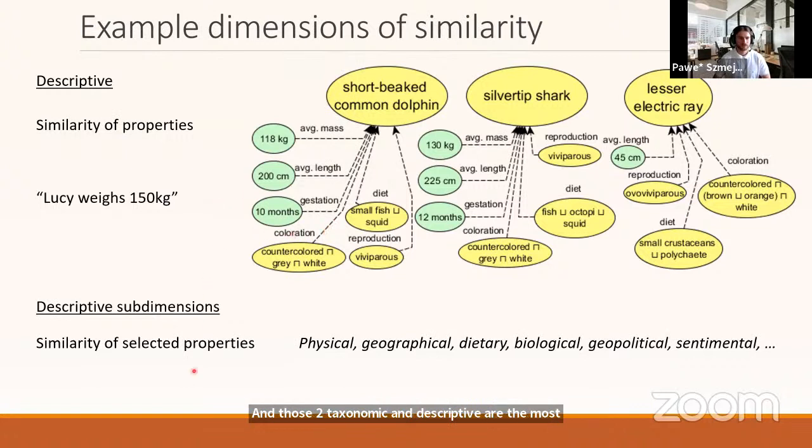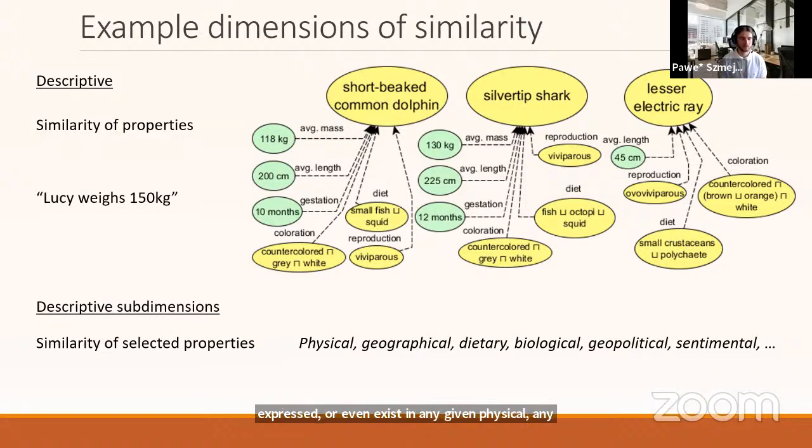We may also have subdimensions, descriptive subdimensions, where we assign a specific meaning. We describe our part of the descriptive dimension in a way that is useful to calculation of similarity. So for example, the physical descriptive subdimensions describe properties that are physical. And just like any other descriptive subdimension, not every entity can be expressed or even exists in any given descriptive subdimension.